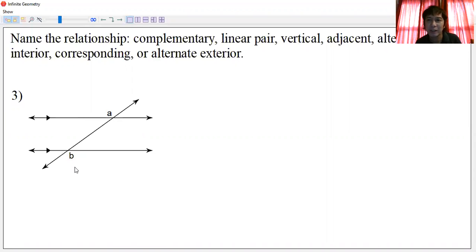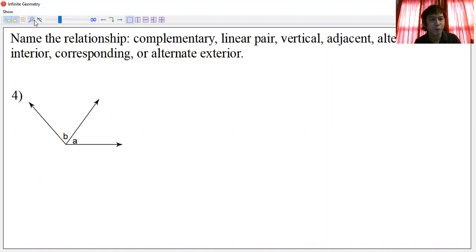You call this alternate exterior angles. So you can see the two angles are on different sides of this line, and they are both exterior. So you call this alternate, that's why, on different sides of the transversal. So you call this alternate exterior angles. Okay, let's continue with the next number.